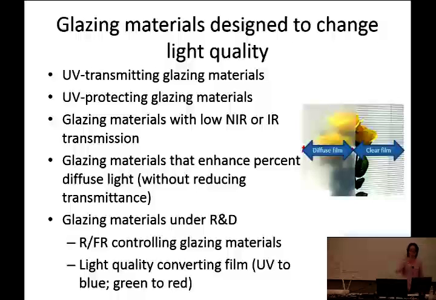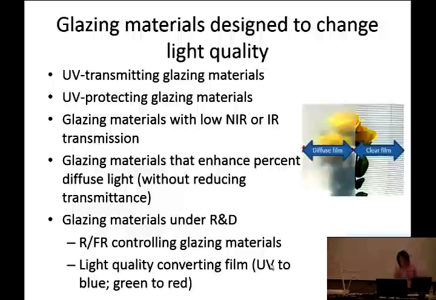But there is a film that has high transmission, where the global total doesn't change, but the diffuse and direct ratio changes. That's what we call ETFE material, and that's the only one I know that doesn't change the total but changes the ratio.